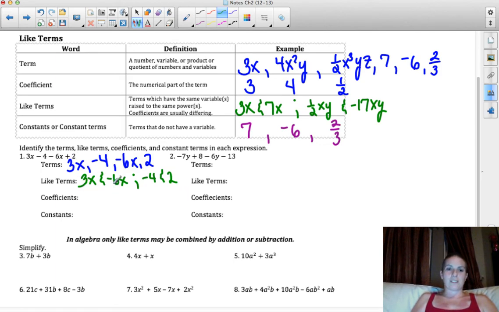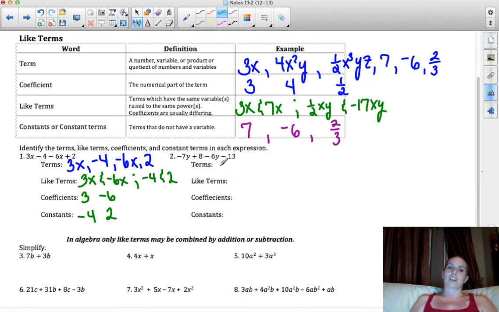My coefficients, remember those are things that have variables, right? So the number in front of the first variable is 3. The number in front of the other is -6. -4 and 2 are not coefficients, they're constants. So they get listed down below. -4 and 2 are constants.